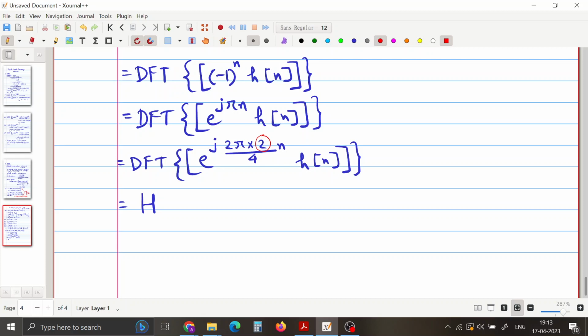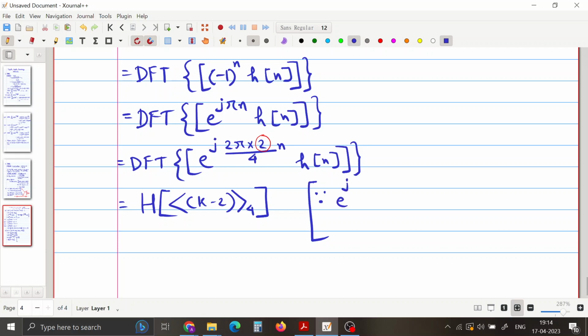This is H of k minus 2, and why? Because of this property, which is as follows.